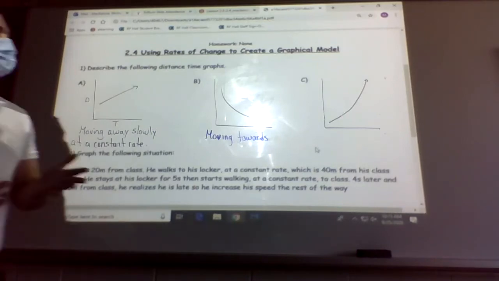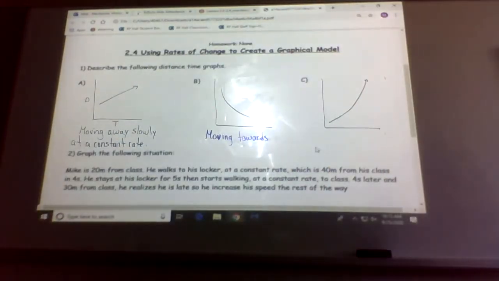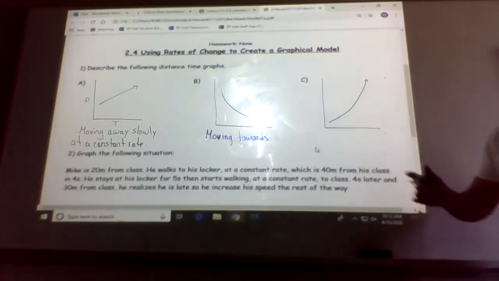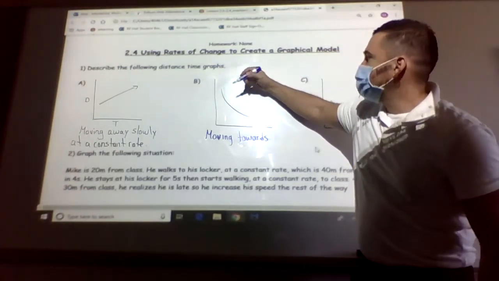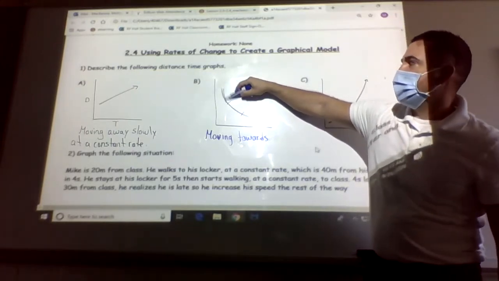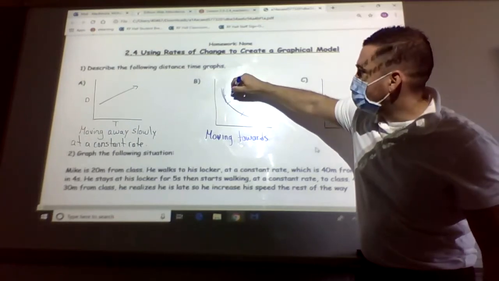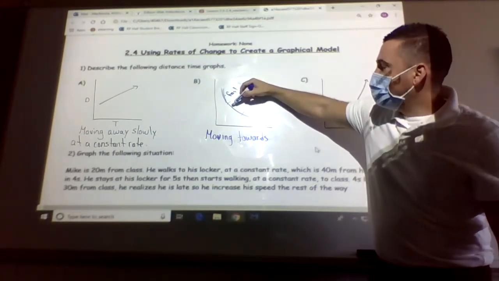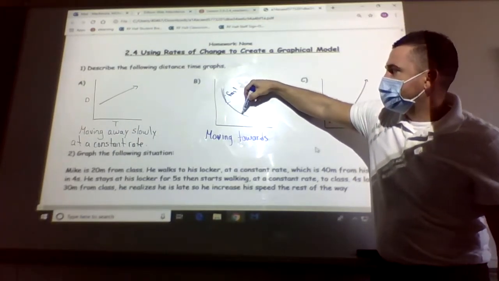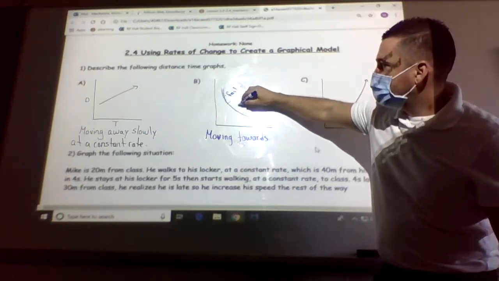And how do we know it's decreasing? We have to look at the steepness, right? I always break it into three parts. This is almost going straight down, so this would be fast. Then the slope changes here, so it's not going straight down anymore. It's kind of a medium speed.